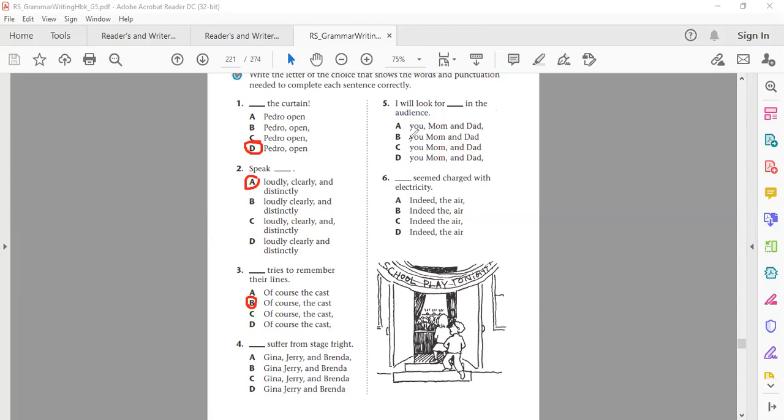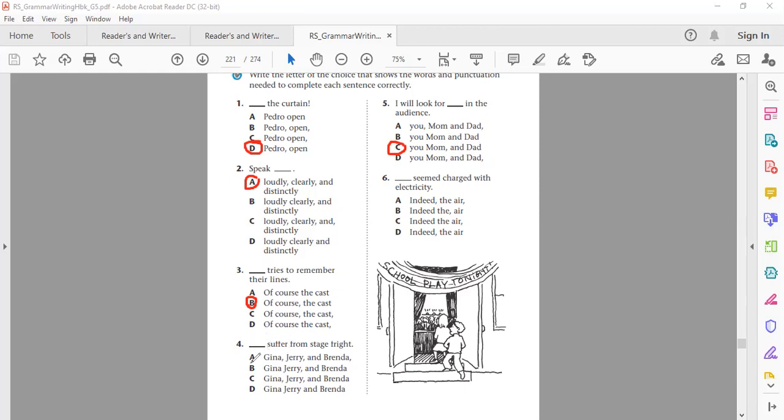Here he's talking to his mom and dad. So he said, I will look for you, mom and dad in the audience. Mom and dad, they come together. So you will pick C, Amal, not A. Thank you so much, Tala, for showing that there's "and." I didn't notice the "and." So you, mom, comma, and dad. This is the correct one, not the A.